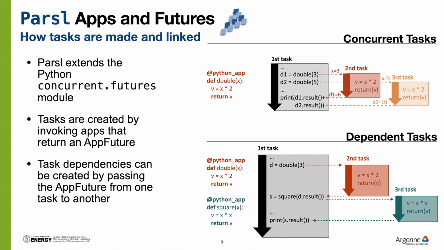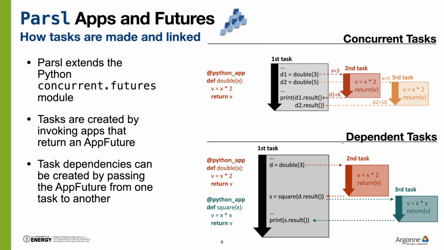On the right here, I have two examples, one where you're creating two tasks, D1 and D2, that are independent of one another. So they can run concurrently, if you have enough resources to run these tasks, they can run at the same time. And then any subsequent statement in your script that depends on the results returned by the future will wait until those results are returned.